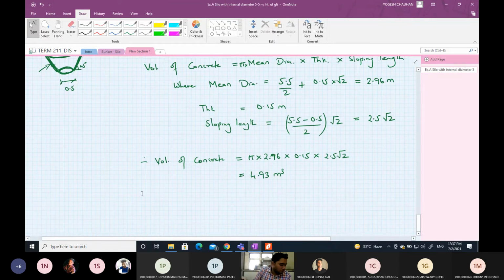So the self weight of concrete, self weight of hopper bottom, will be equal to 4.93 into 25, that will be 123.29.